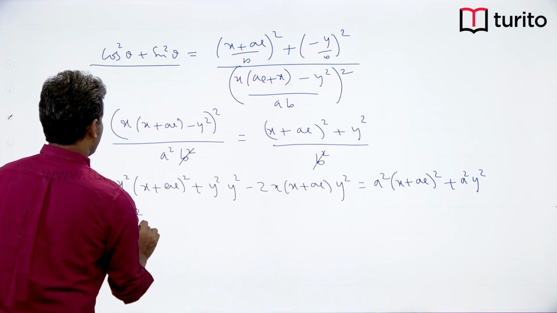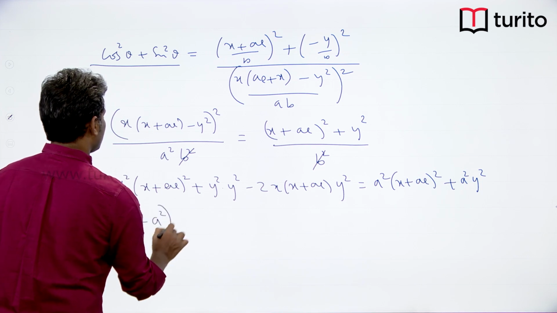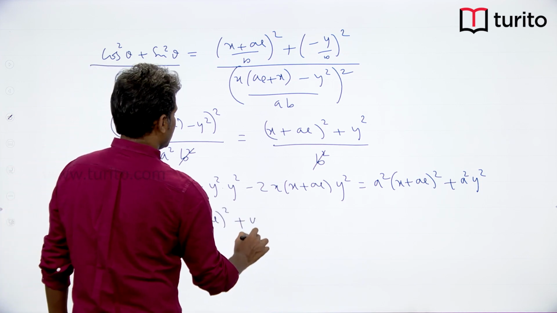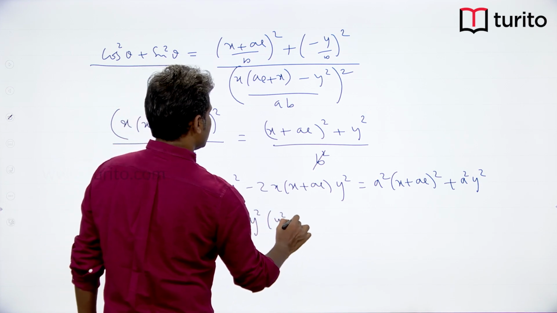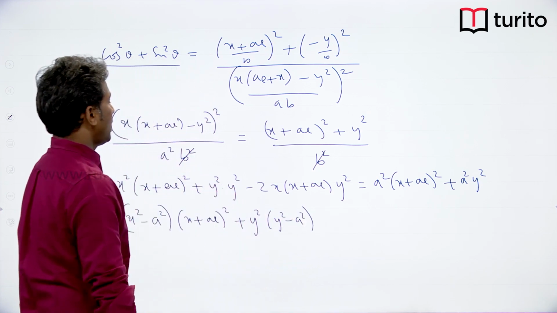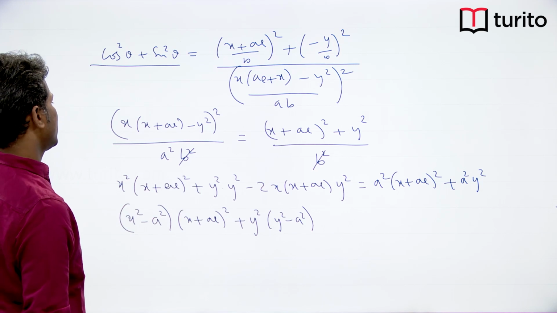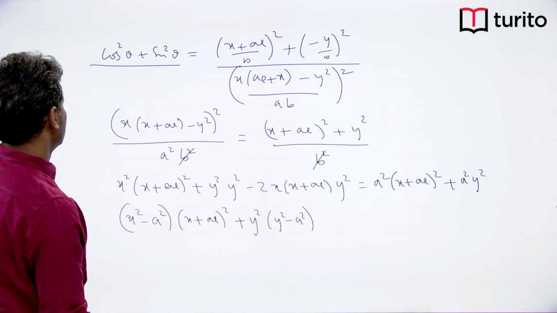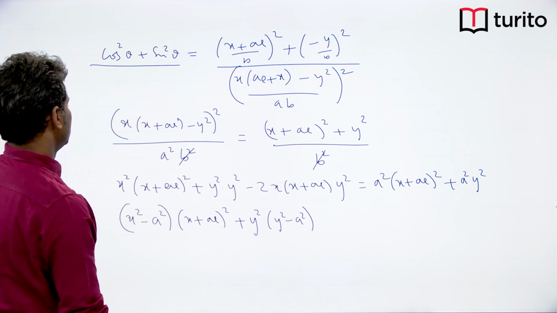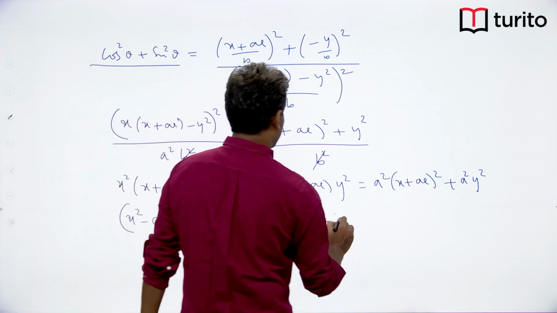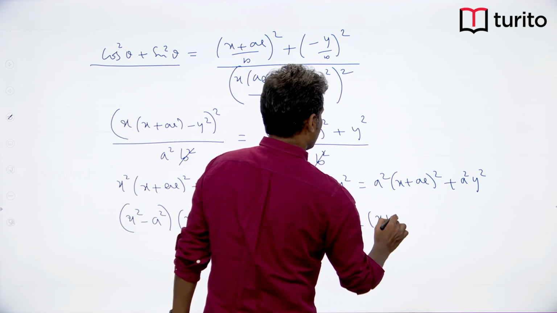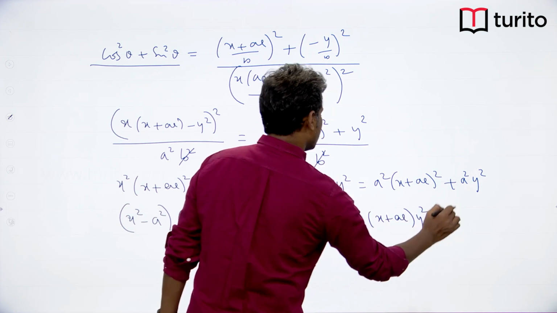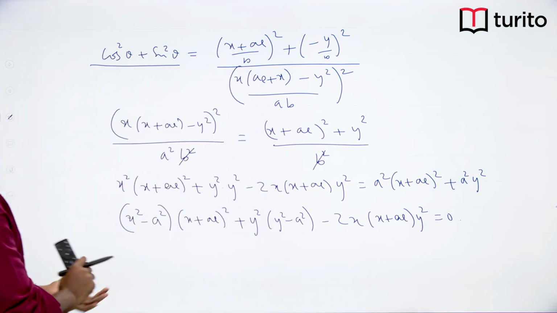So, x square minus A square into x plus AE whole square plus y square into y square minus A square, this is what we got, and there is one more term here which is y square, into y square is equal to 0. Okay. So, let us see if we can factorize this.